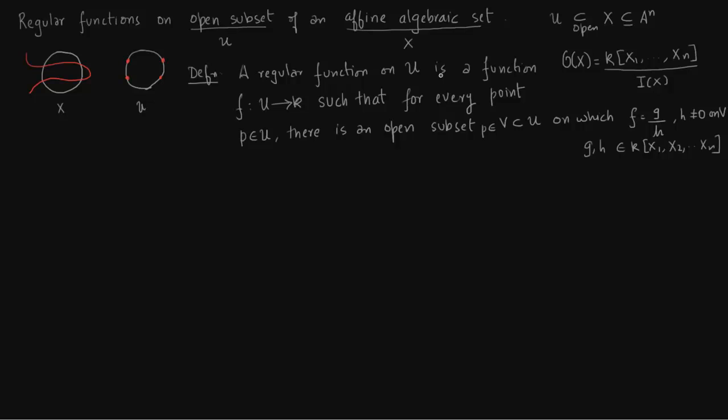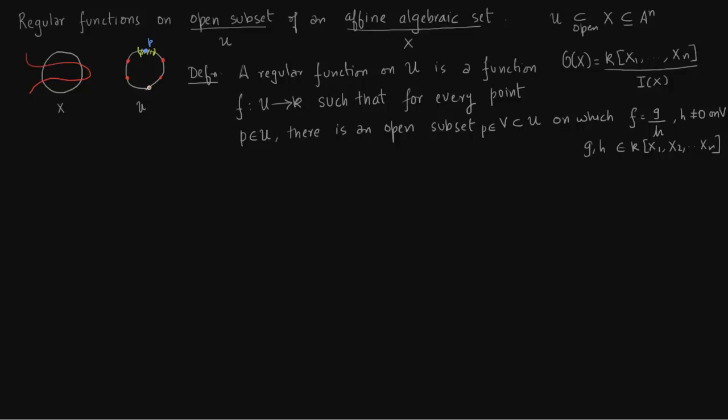So we insist that the definition is local. You have this point P, which I have drawn in blue, and we have this set V, which I am going to draw in green. On this set, H does not vanish, but H could vanish at multiple other points in U. I'm going to mark the points where H vanishes.